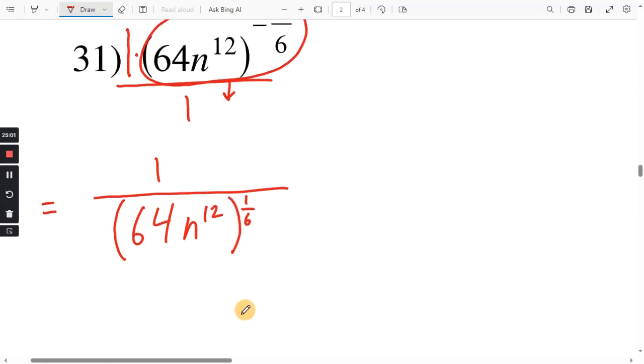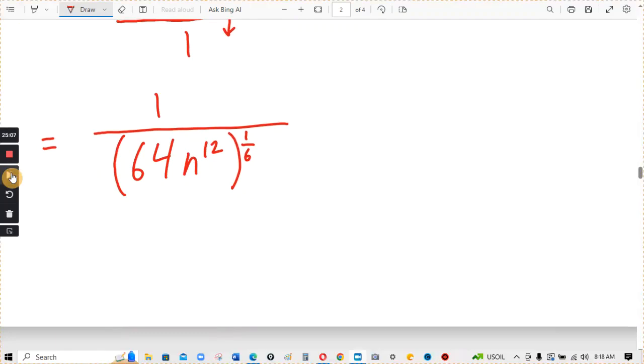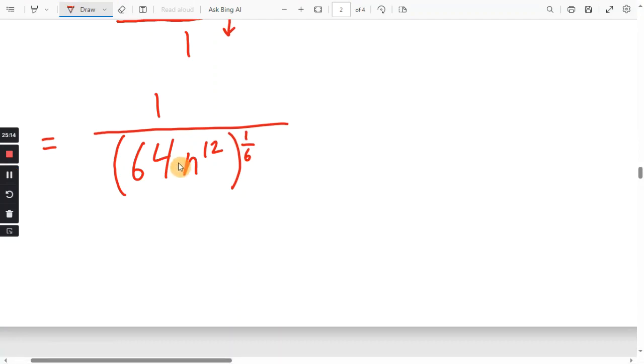All right, and now we could do one of two things. I'm going to try to make it simple, so I am going to distribute this 1/6. These numbers are multiplied by each other. So we have a numerator of 1, and the 1/6 can go to the 64, so that's going to be 64 to the 1/6.